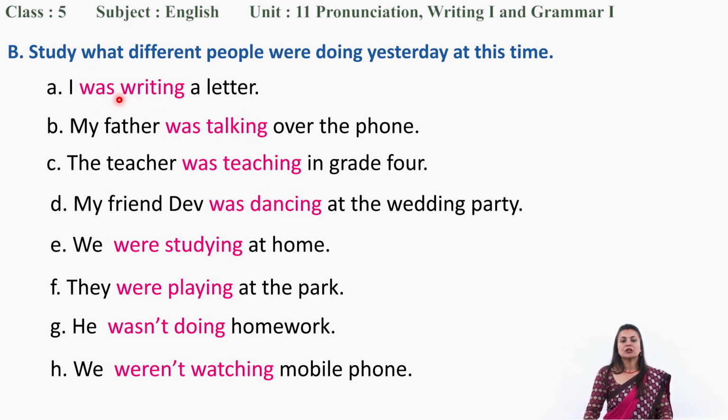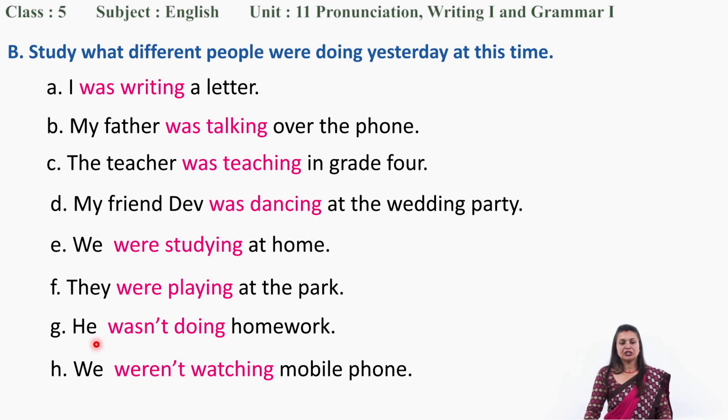Let's see here. Was writing, was talking, was teaching, was dancing, were studying, were playing. Here you can see singular subject was and the plural subject were. Yes, that is also the difference whenever you are writing the sentences. And another one here, negative.